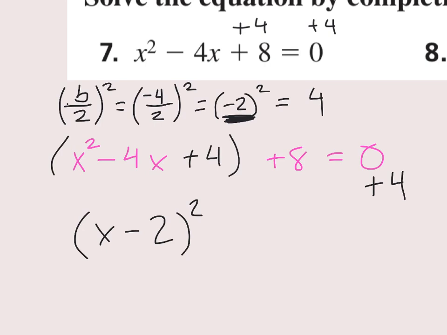We need to move our 8 to the other side, so this is equal to some number. How do we get our 8 to the other side of the equation? Subtract. Subtract 8. So we have 4 minus 8, which is negative 4.